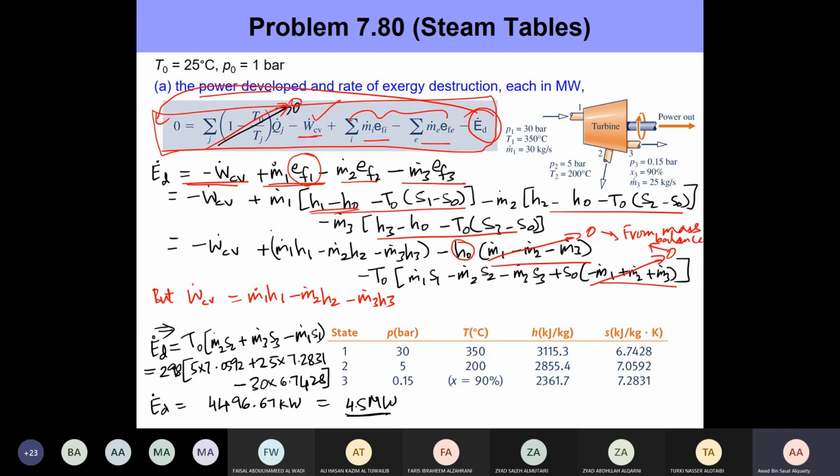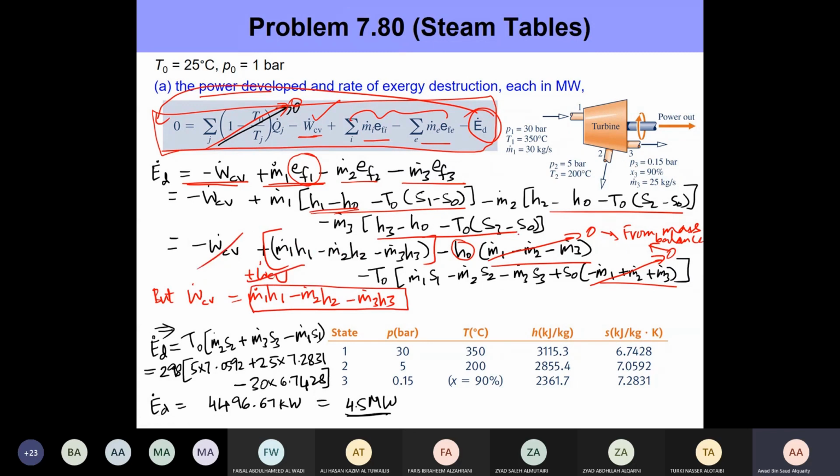And this part right here is m.h1 minus m.h2 minus m.h3, indicating the enthalpy change within the turbine. And this is numerically equal to the work output. So you have minus W.cv plus W.cv, and therefore these two also get cancelled.